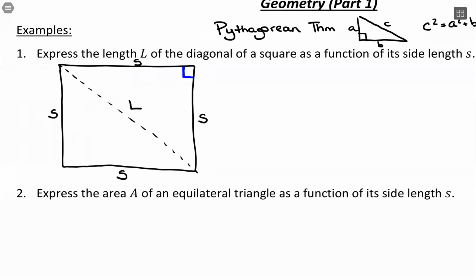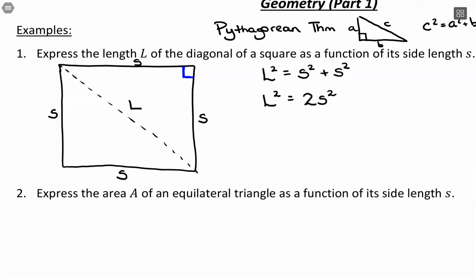For our triangle, L is the hypotenuse. The hypotenuse is the longest side, or you can think of it as the side that's opposite the 90-degree angle. So we'll have the hypotenuse squared, so L squared equals the sum of the side lengths squared: S squared plus S squared, which now we'll simplify. So L squared equals 2S squared.